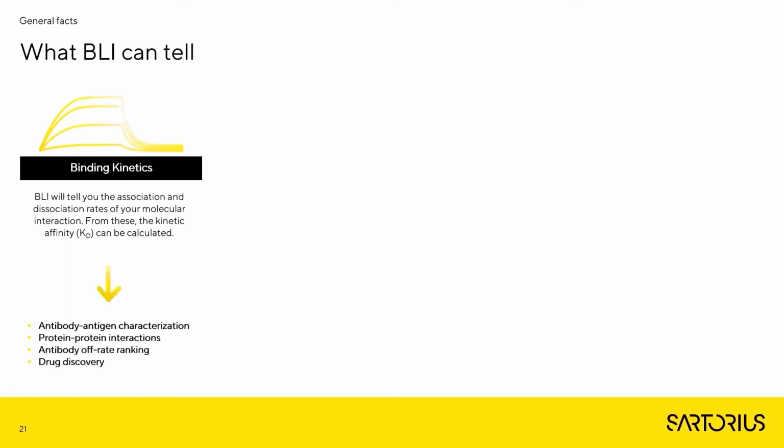And last but not least, you are not limited to the shown example. With our plate-based instrument platforms, you can measure, for instance, binding kinetics, which would be important for protein-protein interactions in general, or antibody-antigen characterizations in particular.